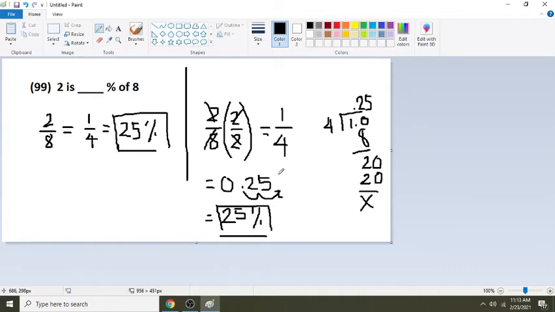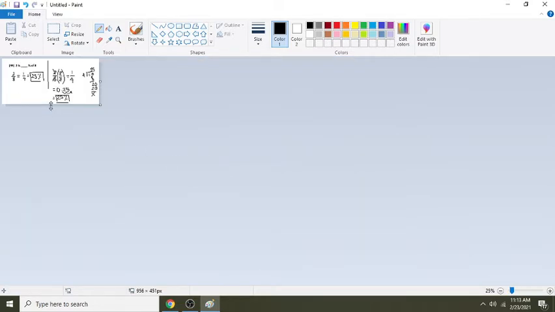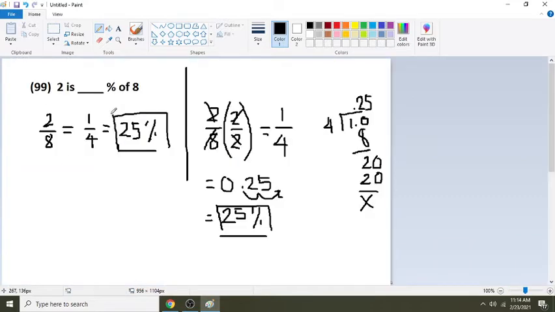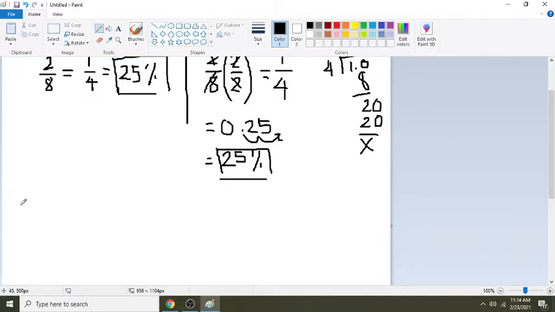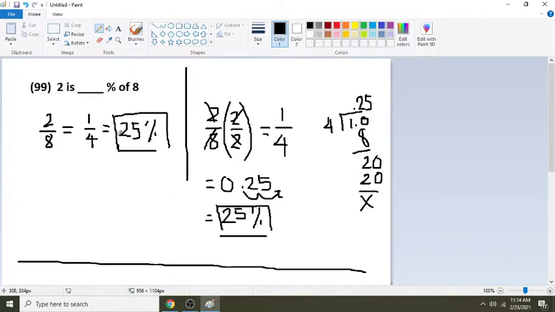Okay. Now, to write the same question in algebraic form, okay, this is another solution. That is 2 is what percent of 8?